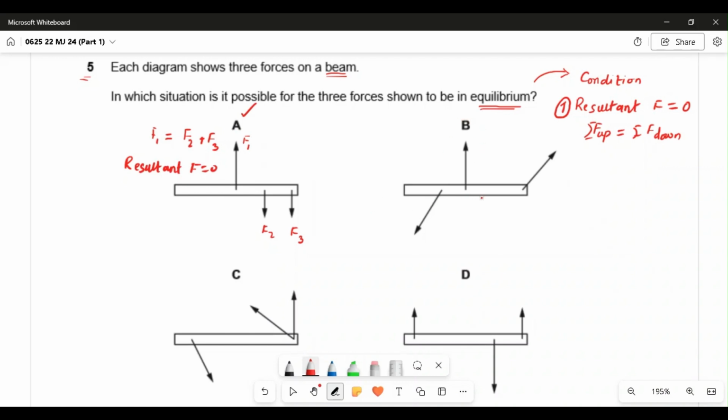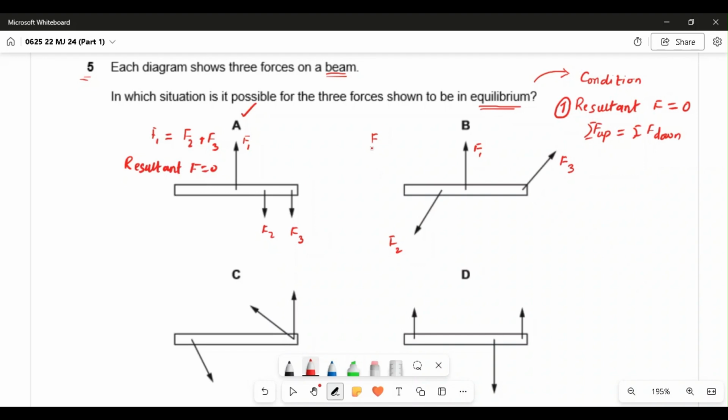But in B, all of the forces F1, F2 and F3 look similar in length. And also we can see that F1 is upward, F2 and F3 are at some angle.